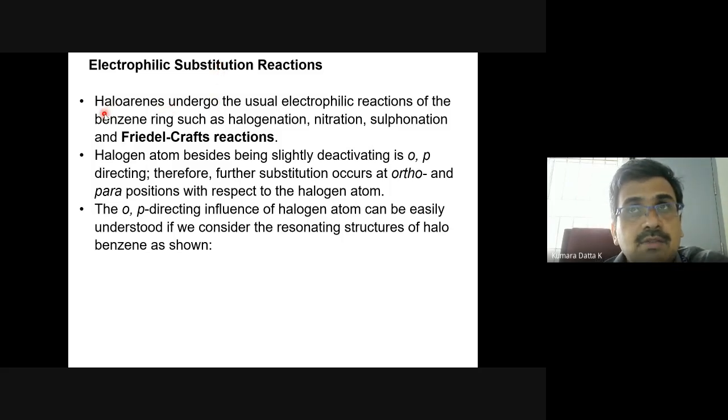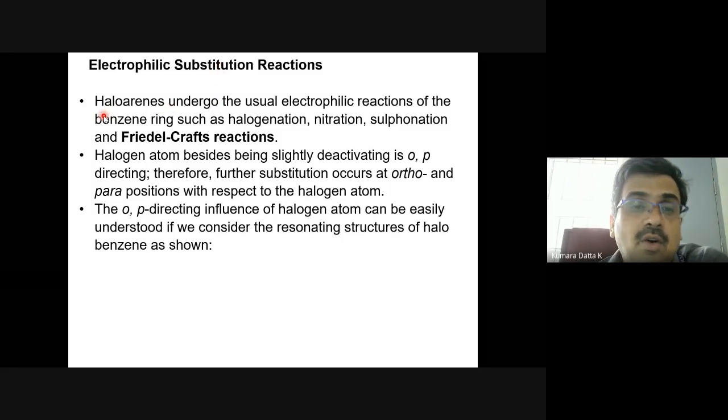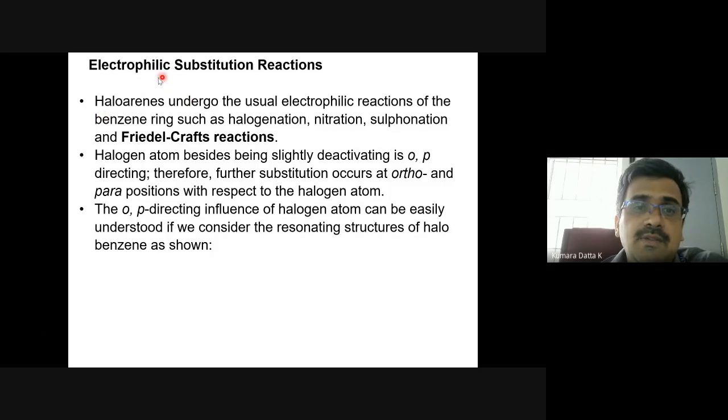Especially we are looking at aliphatic compounds in the case of nucleophilic substitution reactions. In the case of electrophilic substitution reactions, let us go to haloarenes. Arenes means double bonded kind of systems, with a halogen bonded to them, especially an aromatic ring like benzene.